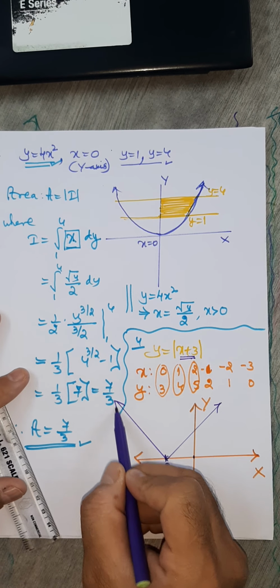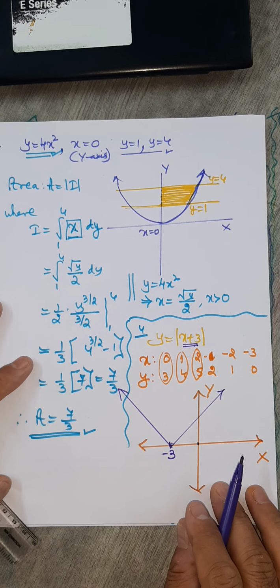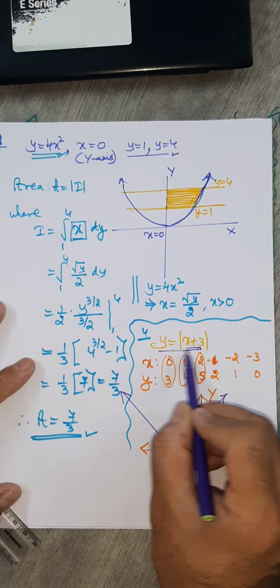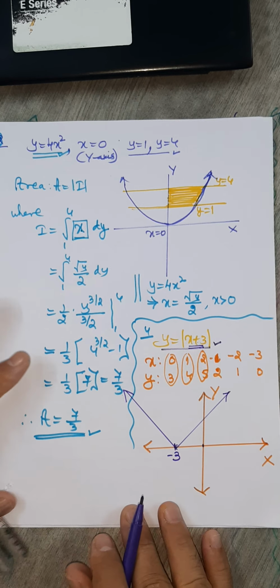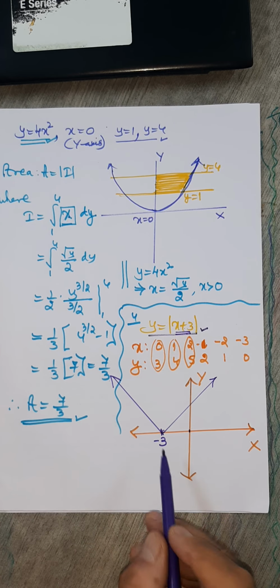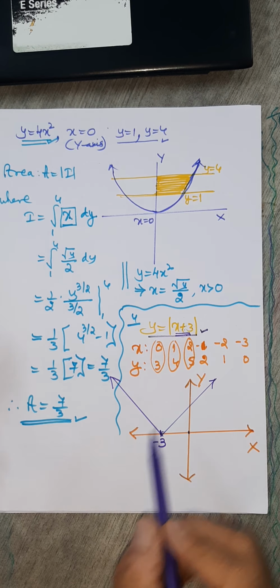You can just plot the points without writing these points. This is a very standard function. This is the graph of this function. This is the positive ray, this is the negative ray. That is the union of two rays at minus 3, where this becomes 0 at minus 3.